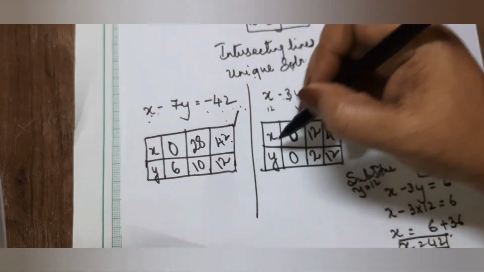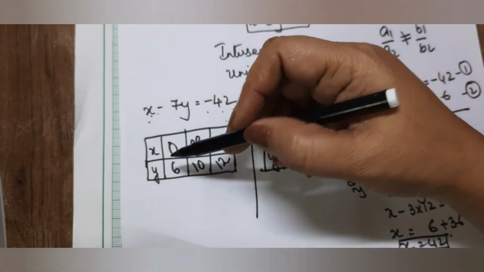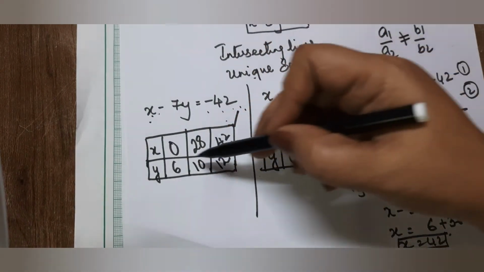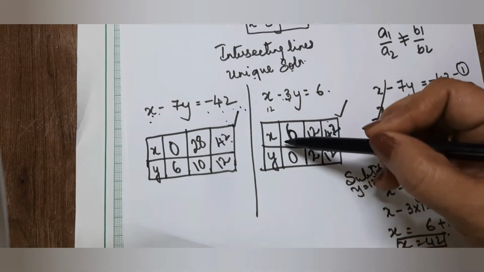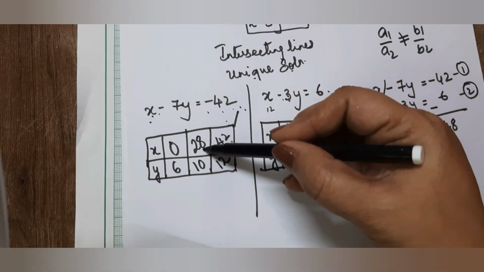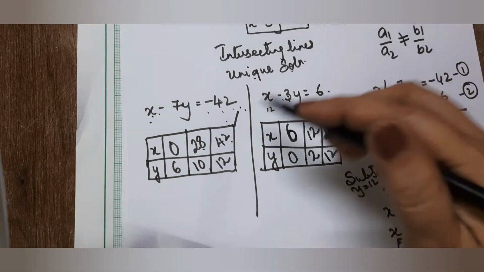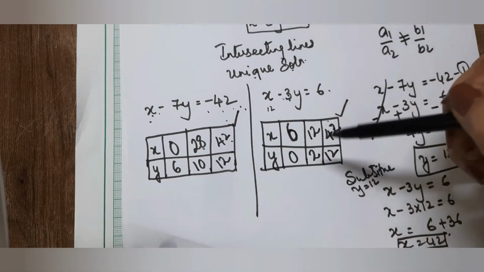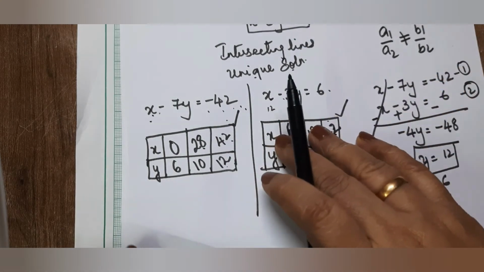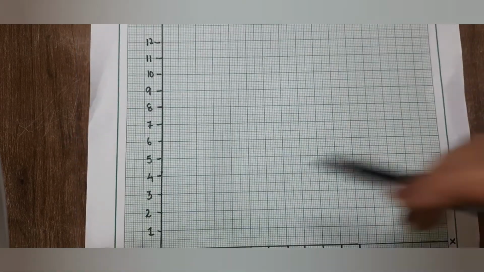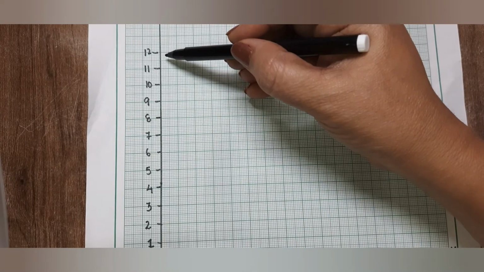When you draw the scale, do make sure that you check the x in both the boxes. Highest value is 42 and lowest is 0. And the terms here are 28, 6, all are even. And for y, lowest is 0 and highest is 12.